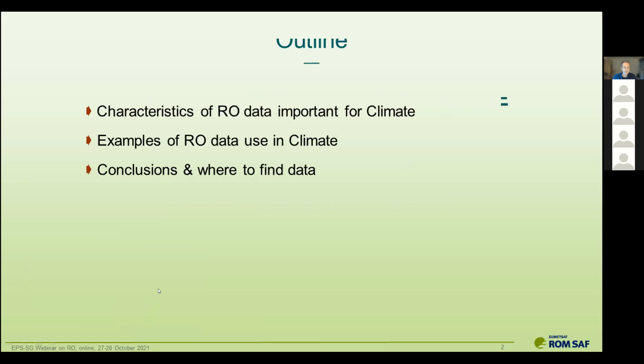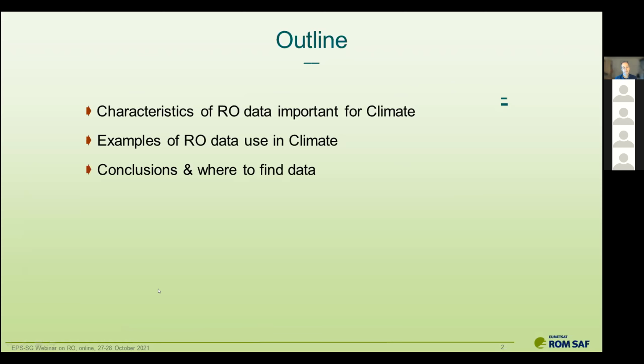So I will add something about characteristics of our data that are particularly important for climate. For those of you who listened in yesterday, we heard some details about what the main characteristics of our data are, and Sean's talk today also gave some important information on that. But I will just point out a few issues that are important for climate.